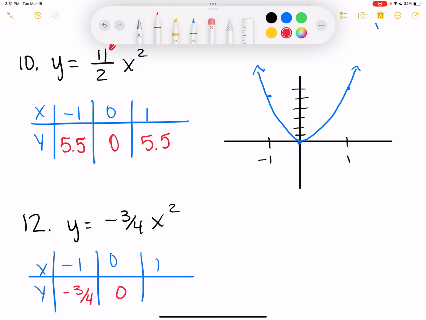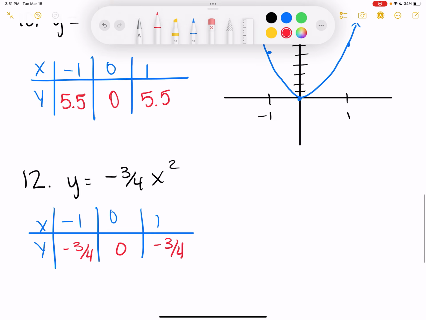When I plug in 1, we get negative 3/4. Notice again the negative out front, so it's going to be upside down. At negative 1, it's at negative 3/4, almost a 1. At 0, it's at 0. At 1, it's at negative 3/4.